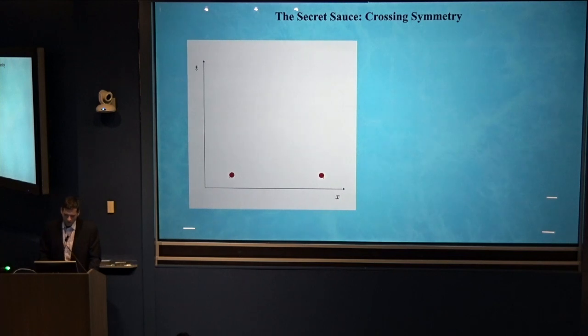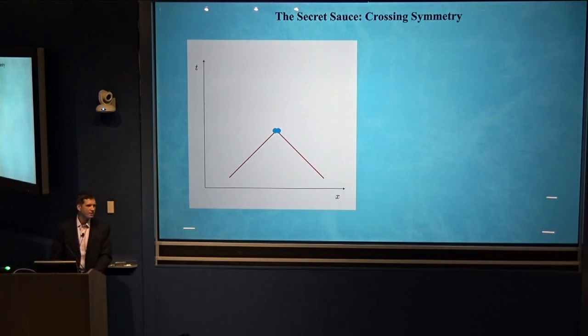What I'm drawing here is a diagram that's going to show two particles scattering. We start out with two red particles, which are separated in the space direction, and we throw those particles against each other. The particles collide, and they interact in some way.